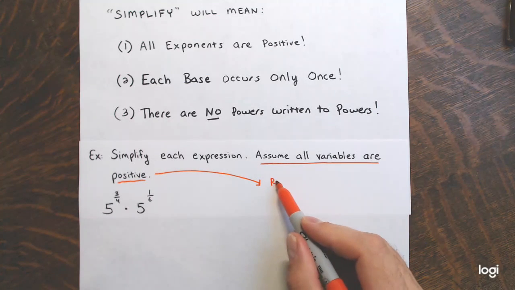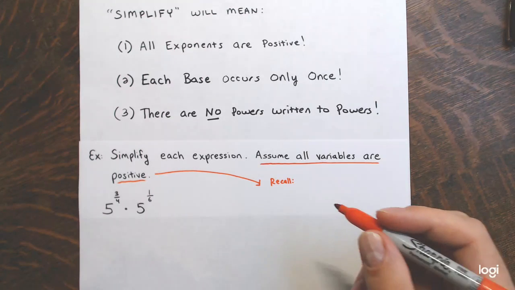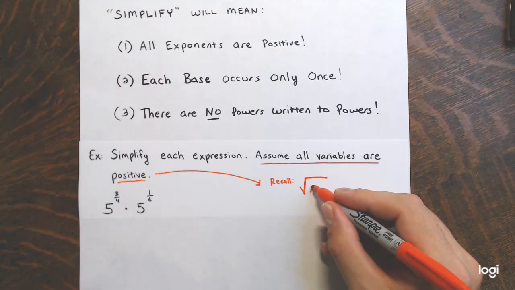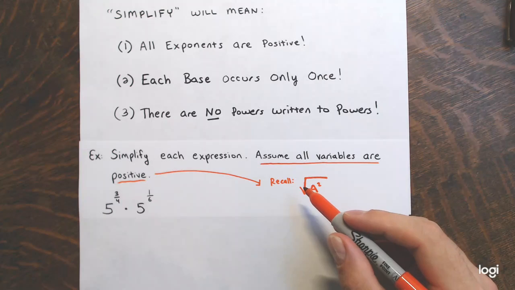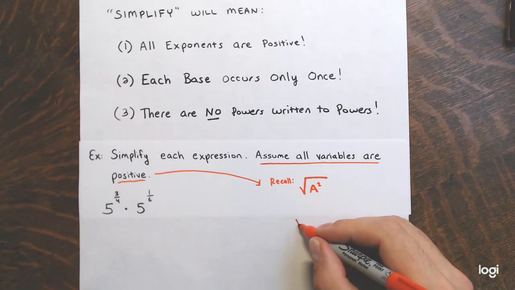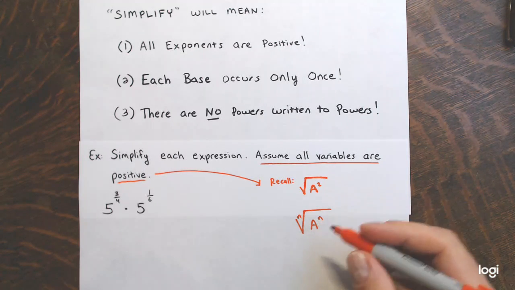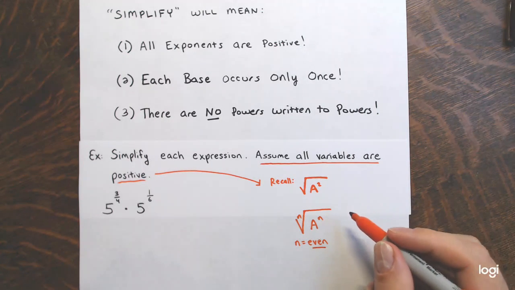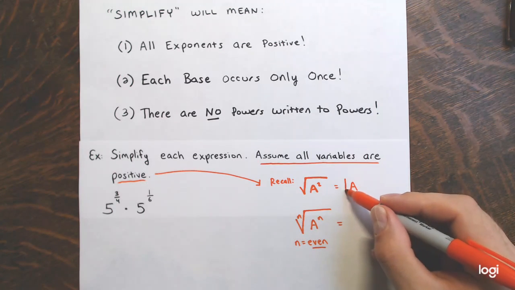If you recall from a previous video on roots, on radicals, remember how the square root of, say, a squared, the square root of a perfect square, or really just any even root, or the nth root of a perfect nth power where n was even, wasn't just a itself, but the absolute value of a.